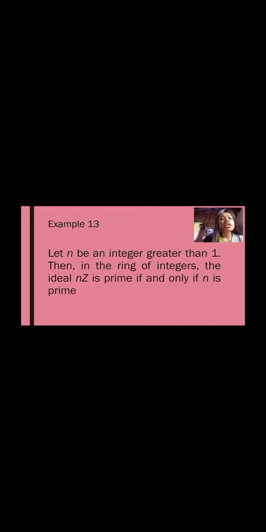An example of a prime number is the number 2. So let n be a prime number.